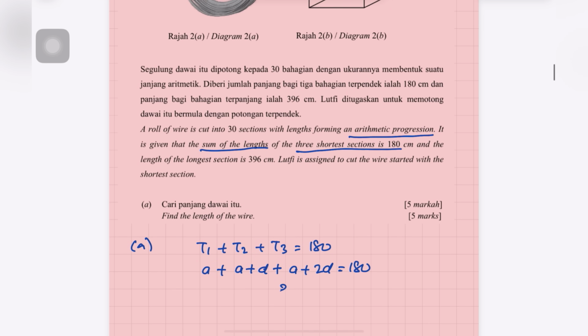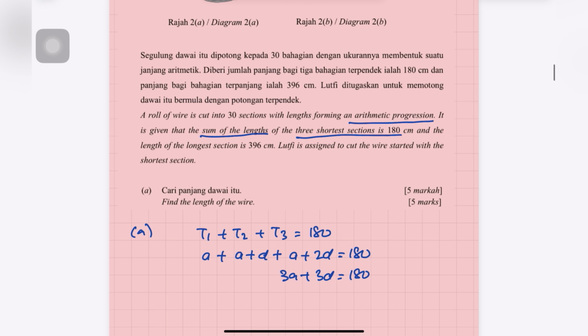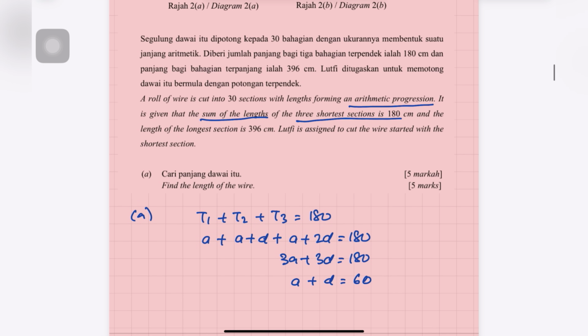So kita dapat 3A plus 3D equals to 180. Okay, kita simplify, all divided by 3. So A plus D equals to 60. Okay, so kita bolehlah jadikan A subject ataupun D subject pun tak ada masalah. So A equals 60 minus D. So this is equation 1.